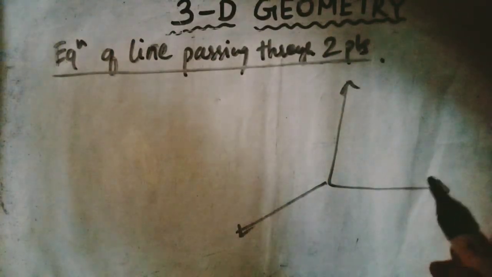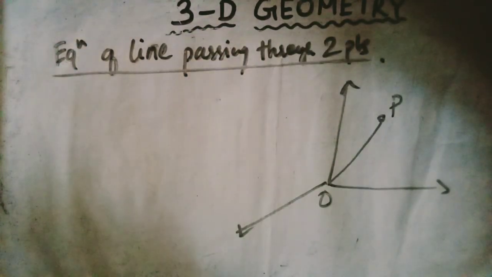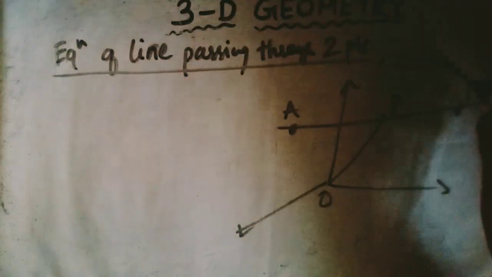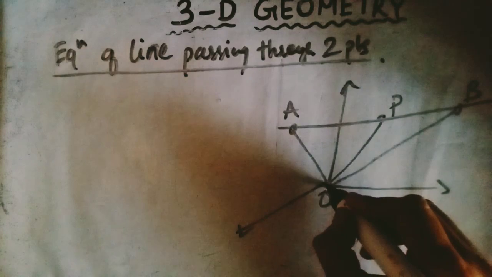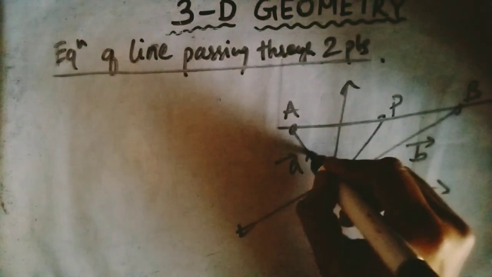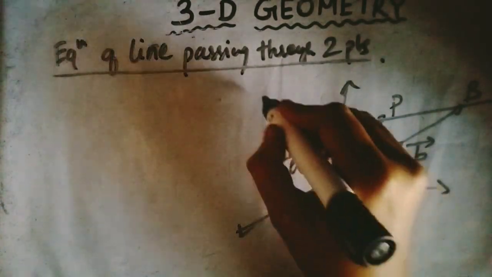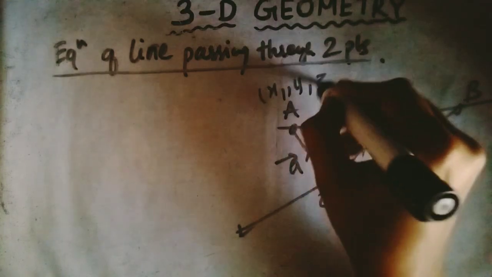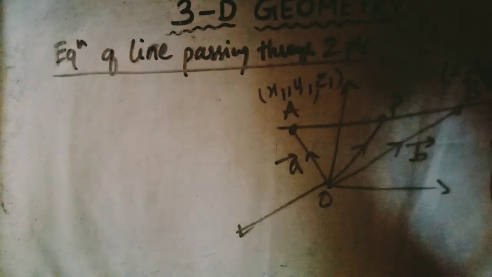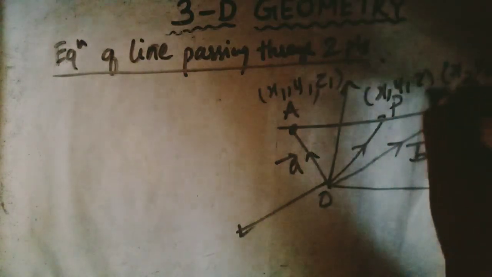If you have a position vector OP, and two points A and B, this vector is A, this vector is B. This point is your x1, y1, z1, this is your x2, y2, z2, and this is x, y, z.